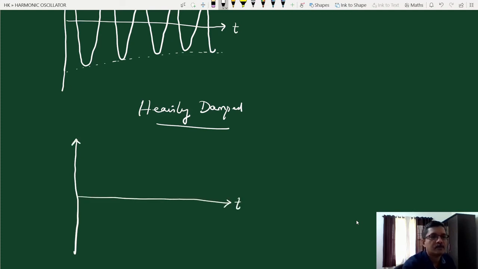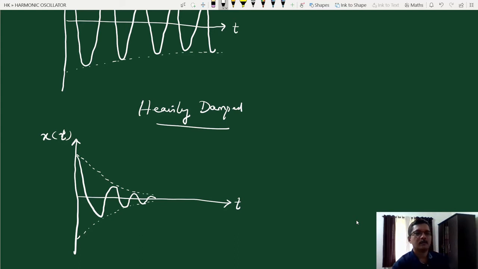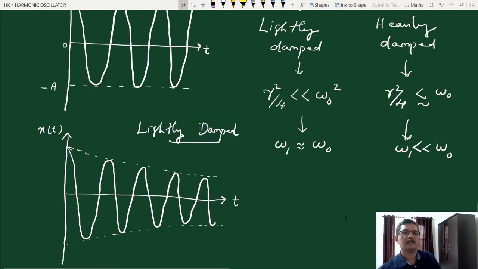So the effect on x of t is that the amplitude will decrease exponentially very fast. It is something like this. Its damping is very strong. So you can look at the three plots.